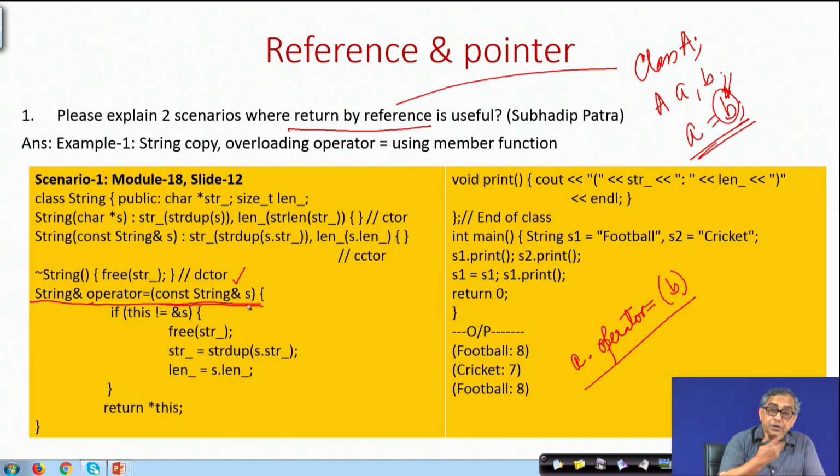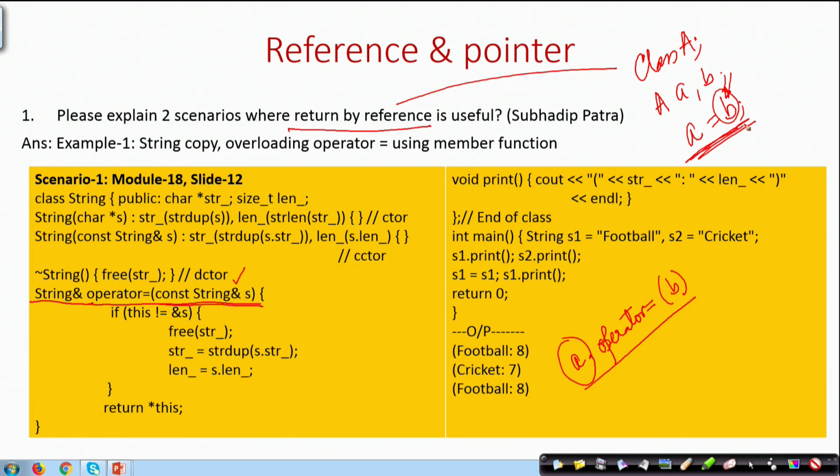Now, the question is what should it return? It should return something. Is it enough that I am trying to do this kind of assignment? If I take component-wise values from B and put them to A, for example, what components does it have?